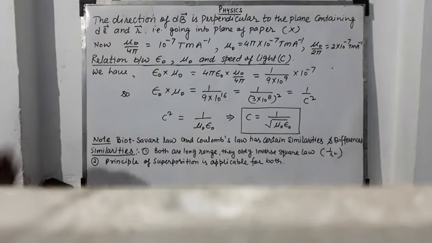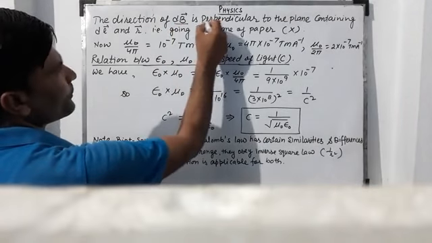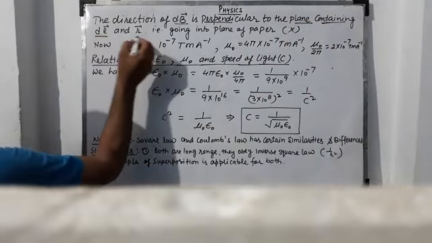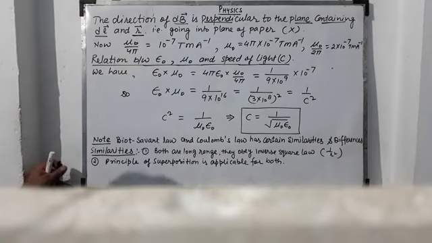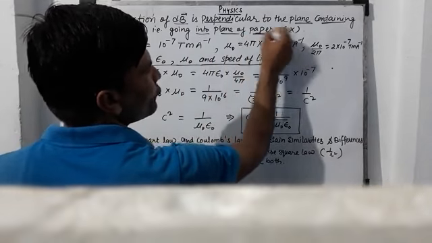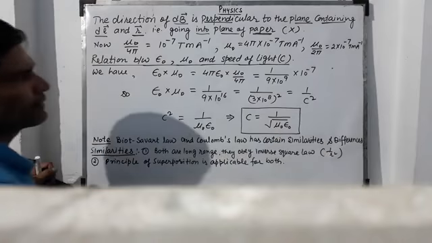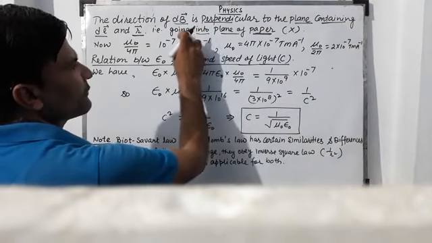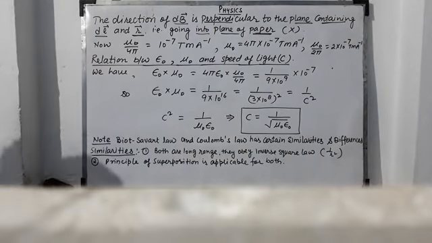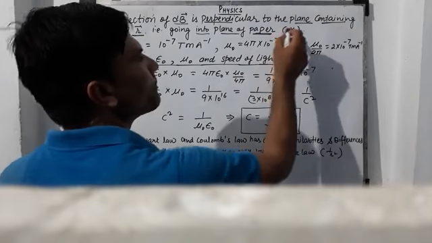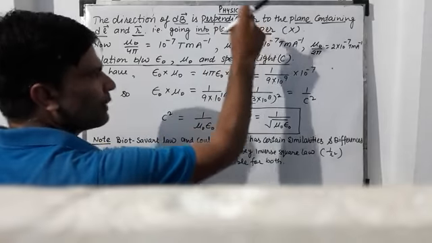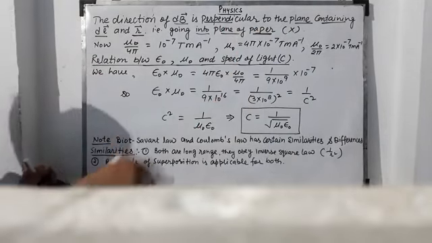The direction of dB is perpendicular to the plane containing dl and vector r, that is going into the plane of paper. And you know that a magnetic field going into the plane of paper is represented by a cross. So the magnetic field at point P is going into the plane of paper, as represented in the diagram.